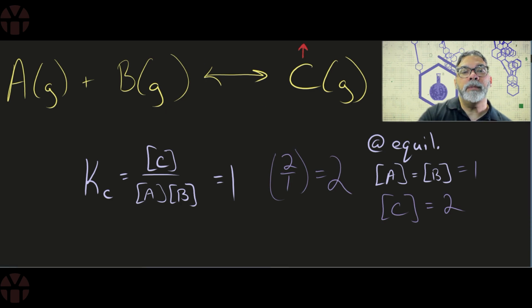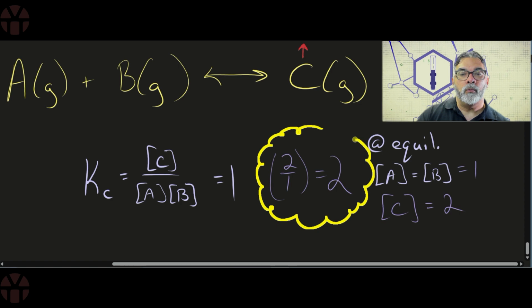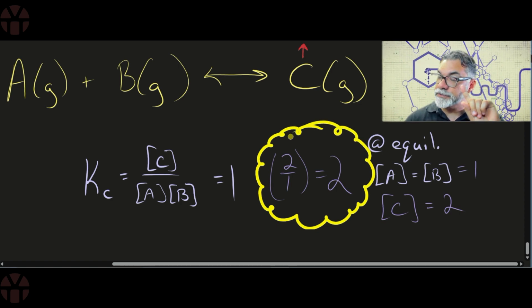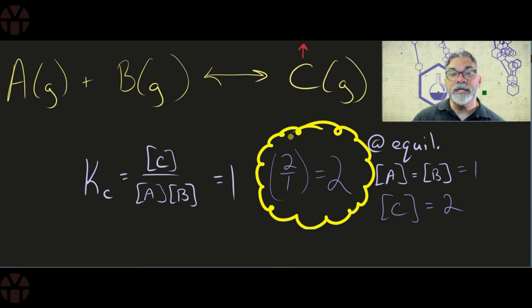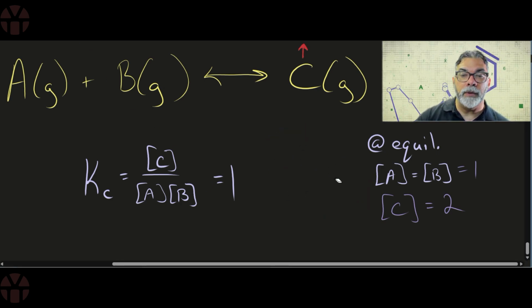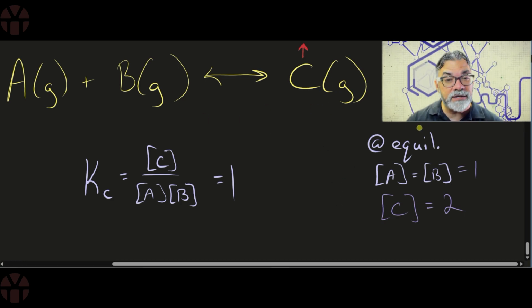So the real million-dollar question is, what does this 2 represent? Is this my equilibrium constant? And the answer is, no, it's not. This is my new ratio at this particular moment when the concentration of C was increased.